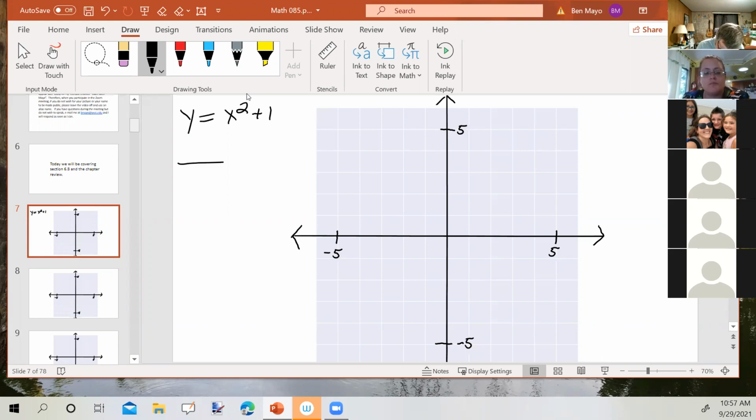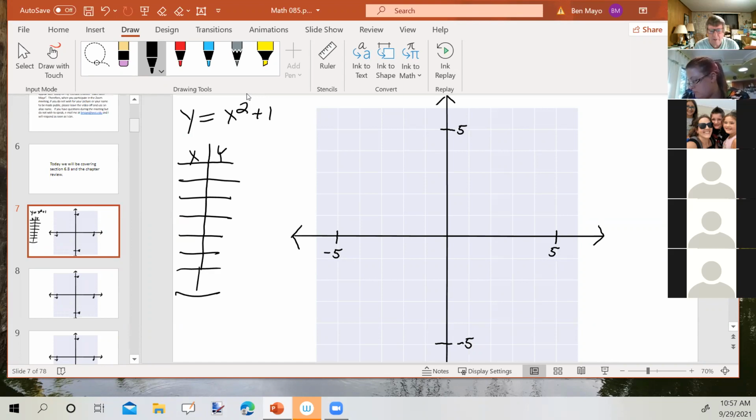So what we're going to do is we're going to make a table of solutions. Now, here is the advice that I tend to give. If you're graphing an equation and it's something you've never graphed before, so you really have no idea what it looks like, I suggest starting with x values going from -3 to +3. And then after that, if you feel like you need to do something different, do so. But if you've got no clue where to start, I would start there.